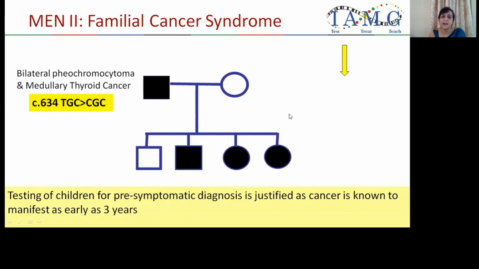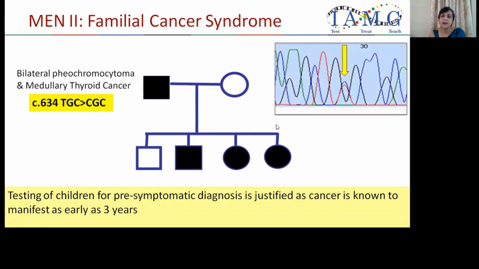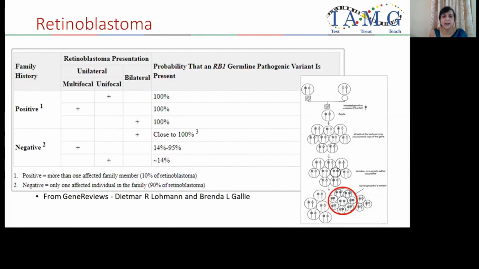This pre-symptomatic diagnosis of children is very important because some of the patients with MEN2 sometimes may have thyroid cancer during early childhood. Other type of familial cancer is retinoblastoma, very important for counseling, as many of them have family history, or many of them are bilateral, suggesting that it is an inherited form.